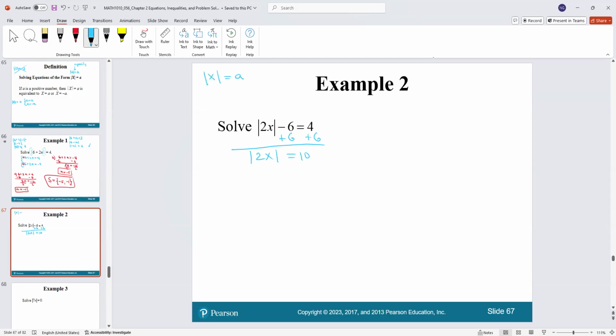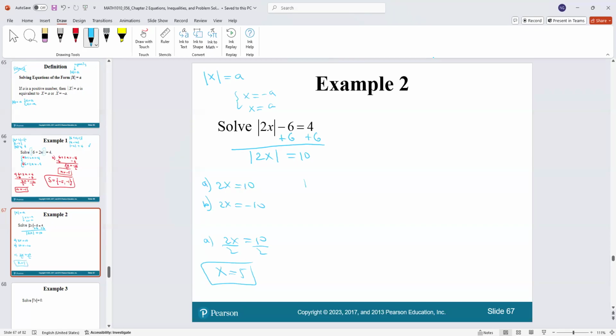apply the property where absolute value of x equal a would be either x equal negative a or x equal a. Now we're going to have the first equation 2x equal positive 10. The second equation would be 2x equal negative 10. So if we solve a, 2x equal 10, we can divide by 2 from both sides. X would be equal to 5.